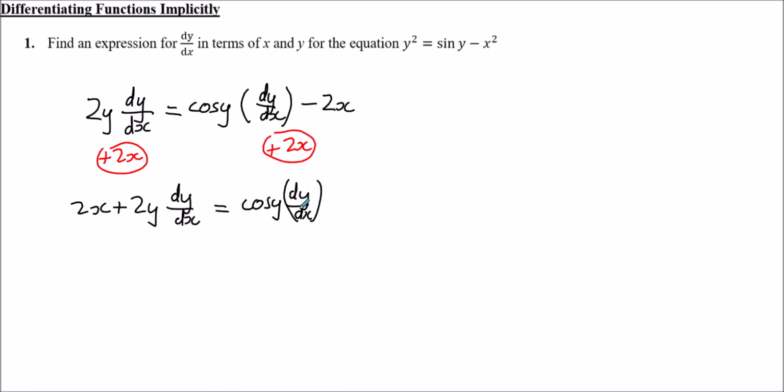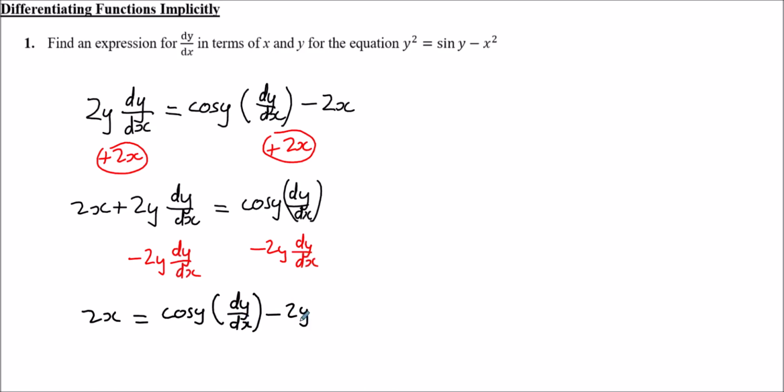Now I can isolate the dy by dx terms by getting them all onto the same side. So if I subtract 2y dy by dx from both sides, I'll then have that 2x equals cos y dy by dx minus 2y dy by dx.